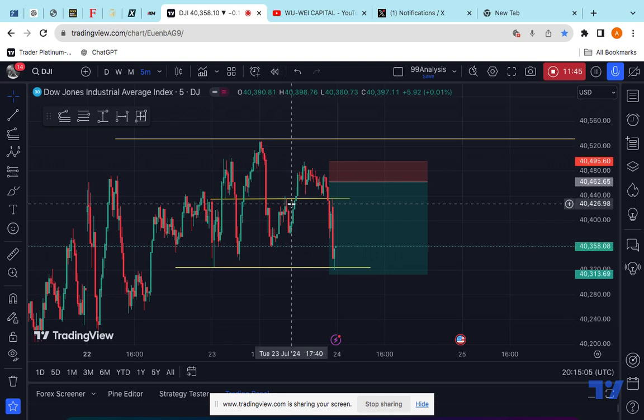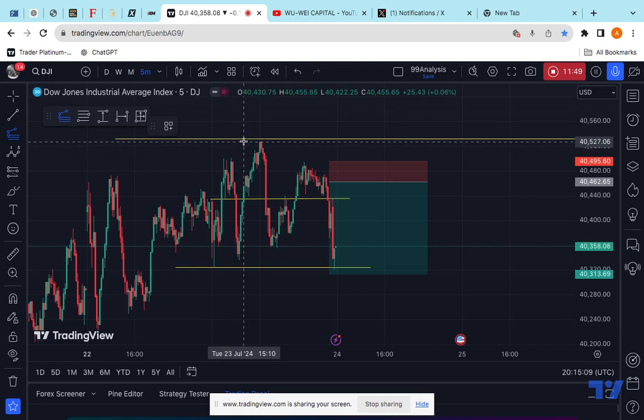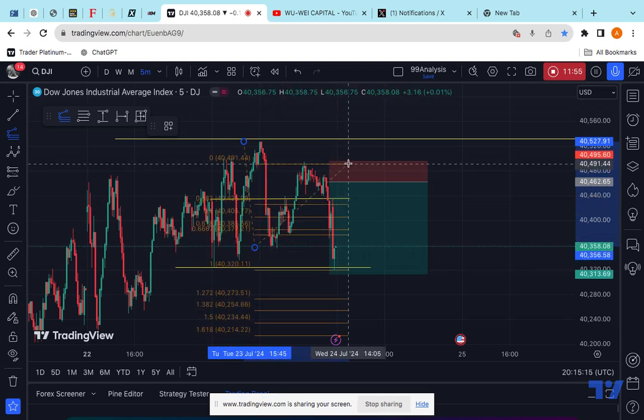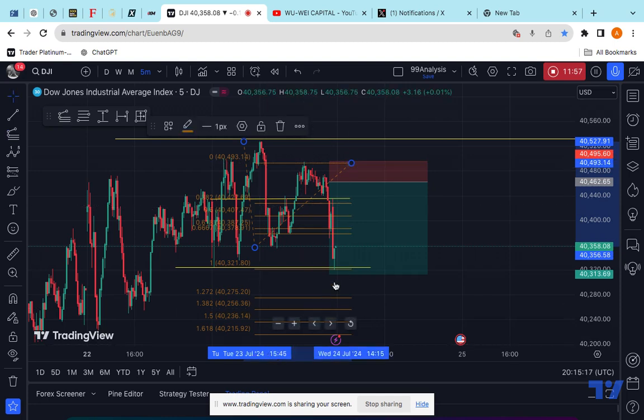And again, we will draw our one by one to see, if we are looking for a decline, where is the decline? Now you can see price terminated exactly on the one by one axis here. Alright, the one by one point here.